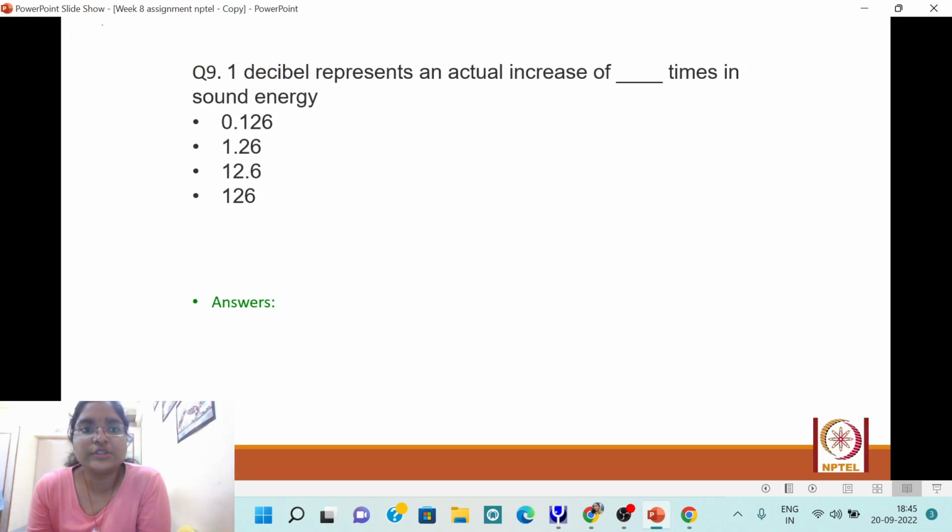Okay, we'll move on to the next question. 1 decibel represents an actual increase of dash times in sound energy. The options are 0.126, 1.26, 12.6, or 126.